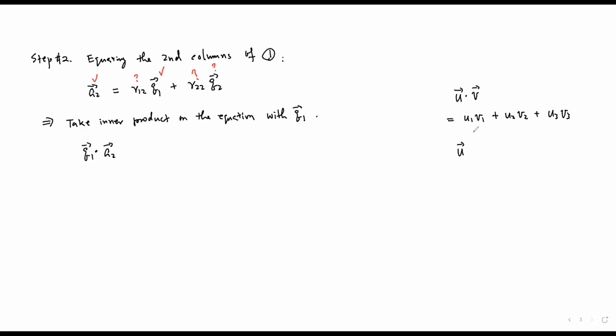U is orthogonal to V if and only if the dot product, inner product, is 0. This is well known from a linear algebra course.